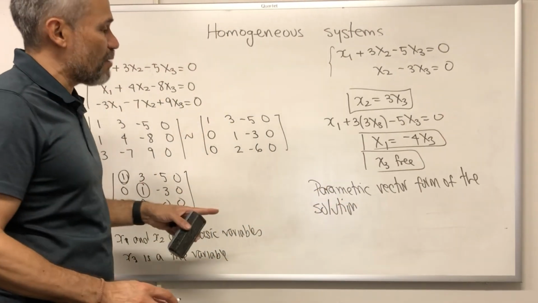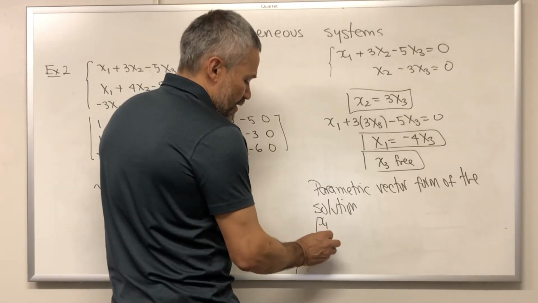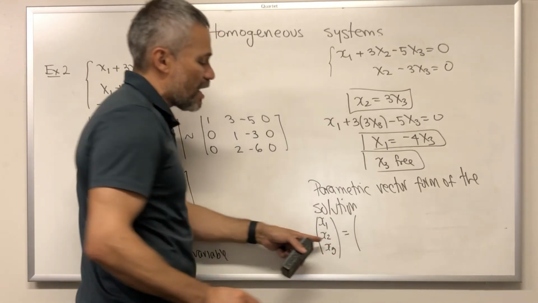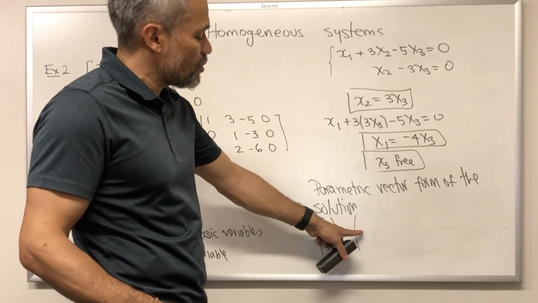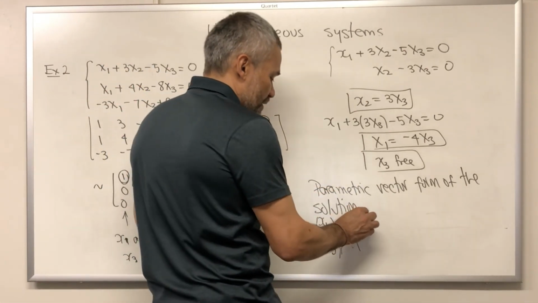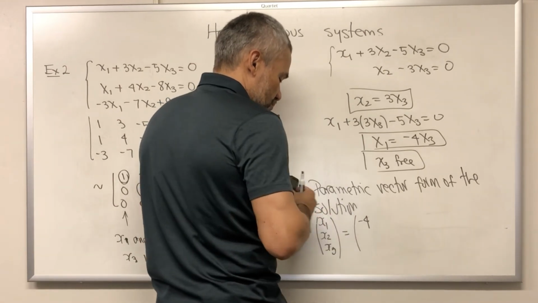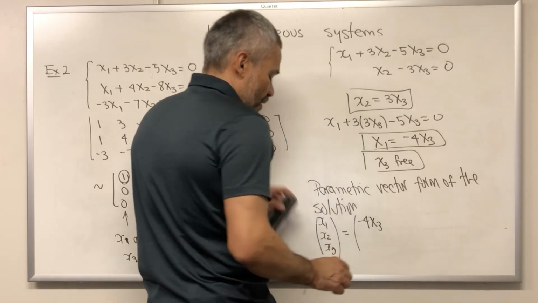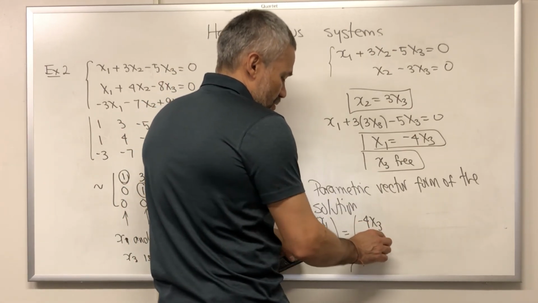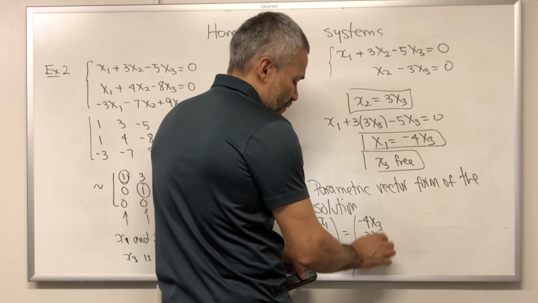In order to get the parametric vector form of the solution, we write x1, x2, and x3, and we want to have only the free variables on the right. Then instead of x1, we write negative 4x3. x2 is 3 times x3, and x3 is free, so you just write x3.